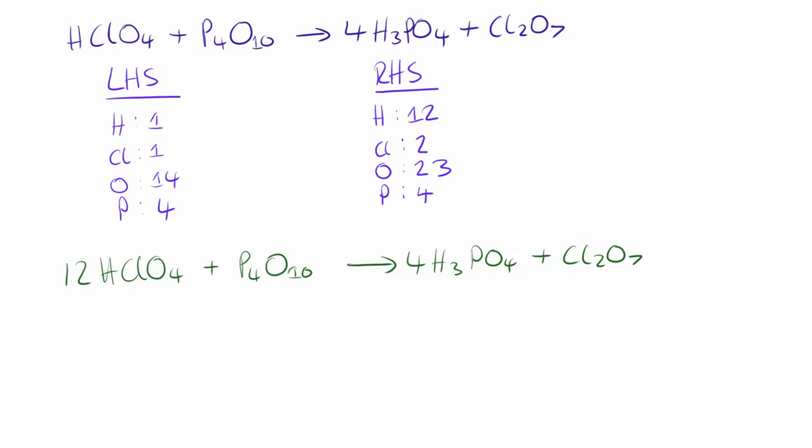Okay, so as you can see, we didn't change anything on the right hand side, so that would remain the same. On the left hand side we did change something, so I'll just quickly put what the right hand side would be. So here we've got 12, 2, 23, 4, right?